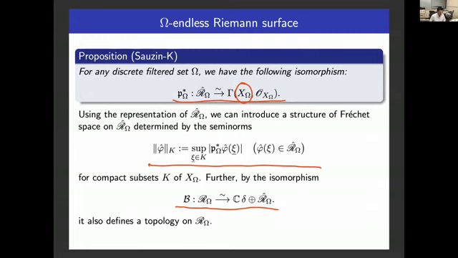So in this way, using the initial object of the category of omega-endless Riemann surfaces, we can introduce a topology on the space of omega-continuable functions R-hat_omega.